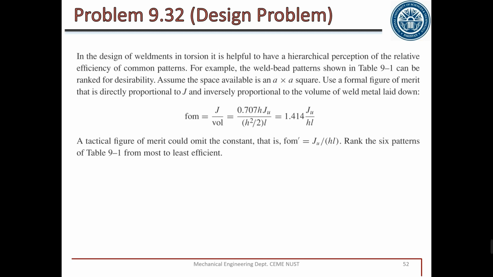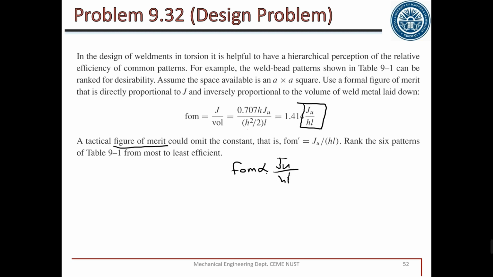For that, they have given us a figure of merit. To check, figure of merit is J divided by volume. This is the volume of weld and this is J of weld for all the welds, because 0.707 JU is common. So substituting the values, we get a generic equation of JU by HL, or in other words, FOM is directly proportional to JU by HL.